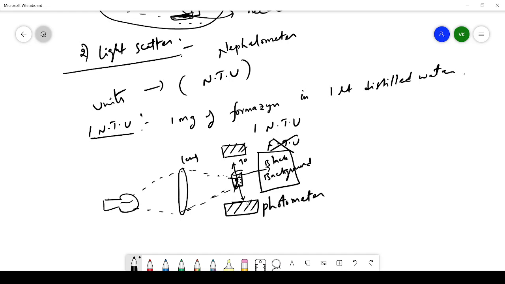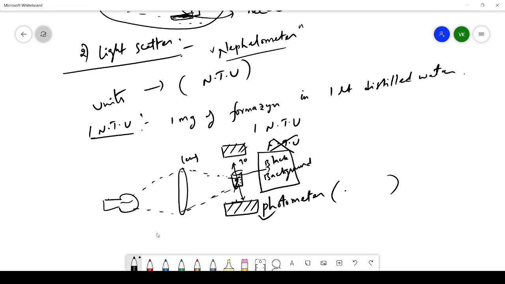These photometers measure the amount of light that is scattered. So based on the amount of light scattered at 90 degrees, you will find the turbidity in the water. This is very sophisticated equipment. Using this, you can measure the turbidity present in the water. Very important. Even in the laboratories, you might have seen nephelometers to measure turbidity.